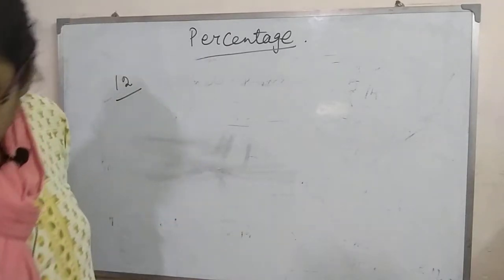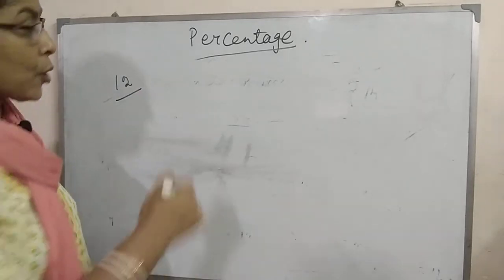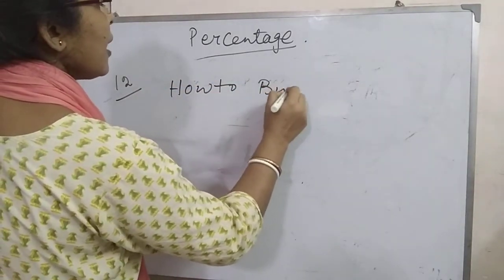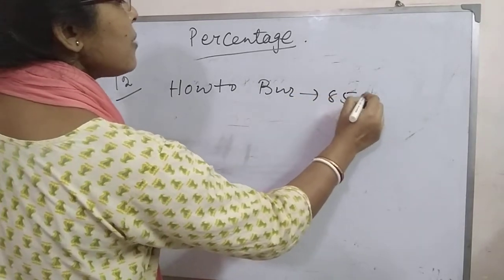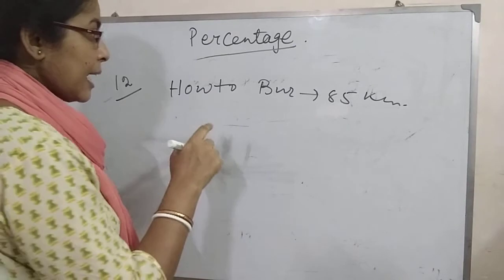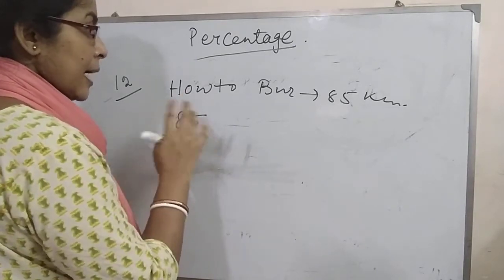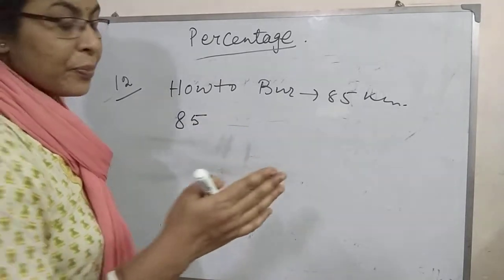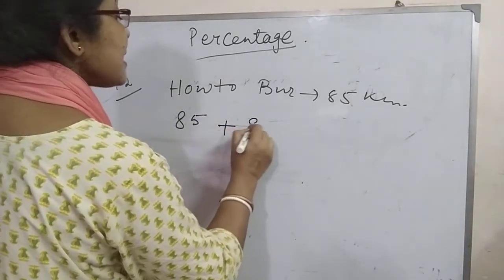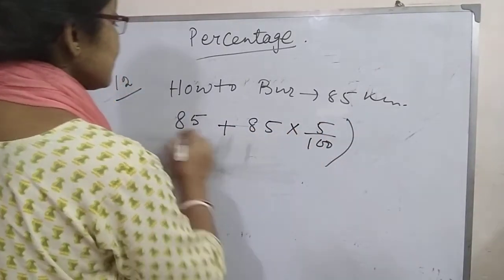Distance from Howrah to Burdwan, Howrah to Burdwan, distance 85 km in cord line. Main line distance is 5% more. That means 85 plus 85 into 5 by 100.